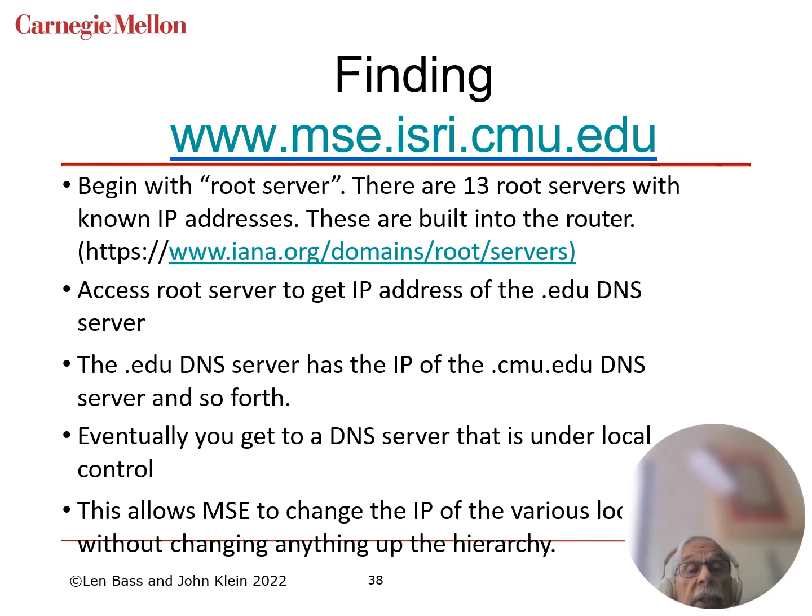And then you look in MSE and you find the address of www. And the purpose of this is to enable local control over the leftmost entries without having to affect the hierarchy. So I could change www to www.mse, and no one needs to know that but the MSE server.